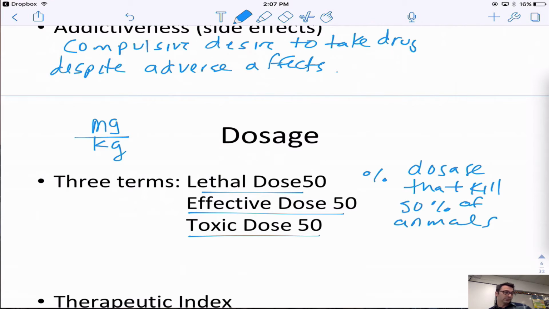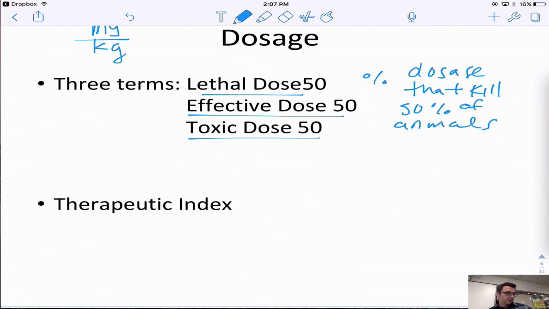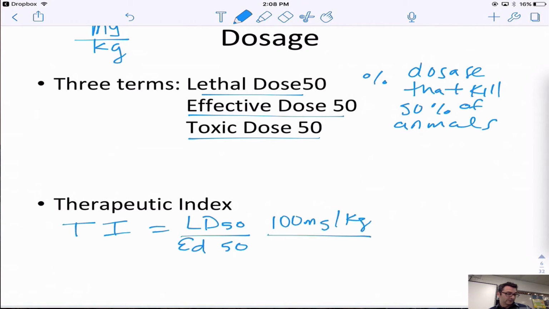So let's talk about the therapeutic index, which relates these terms. The therapeutic index is the lethal dose 50 or the toxic dose 50, depending on if it's animals or humans, over the effective dose 50. Let's say, for example, that you had a lethal dose of 100 milligrams per kilogram, and an effective dose of 1 milligram per kilogram.